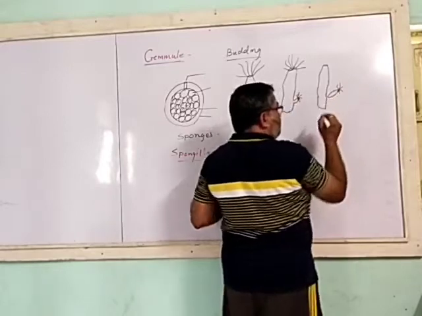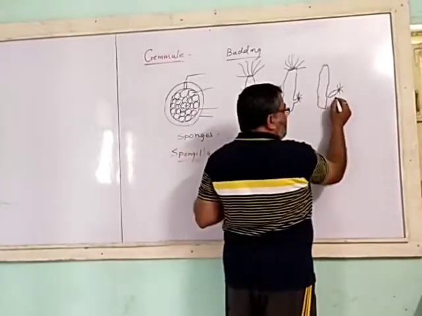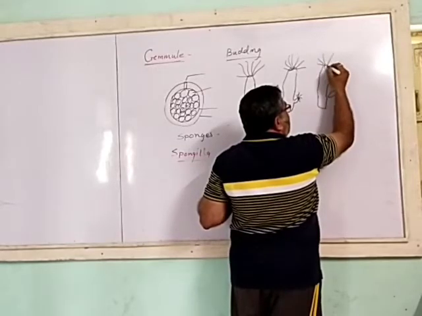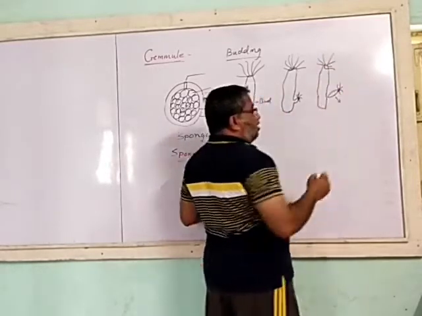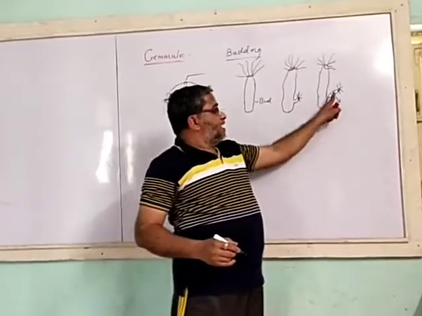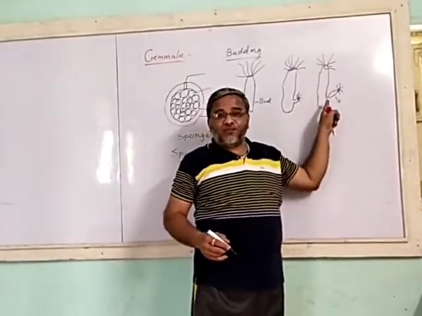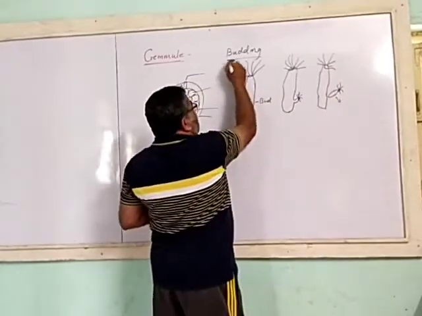When it cuts off, it gets separated from the parent body and survives as a normal individual. Or you may say that the new hydra is directly born on the parent's body, and that process is called budding.